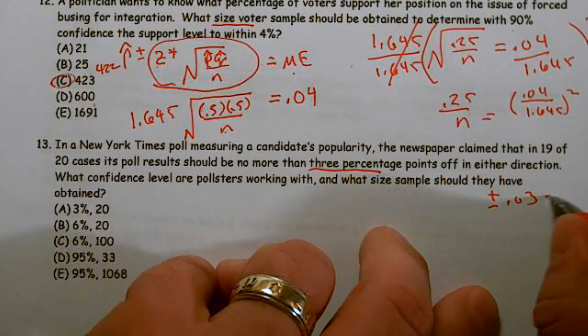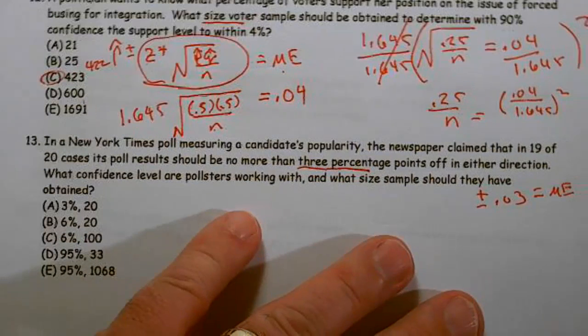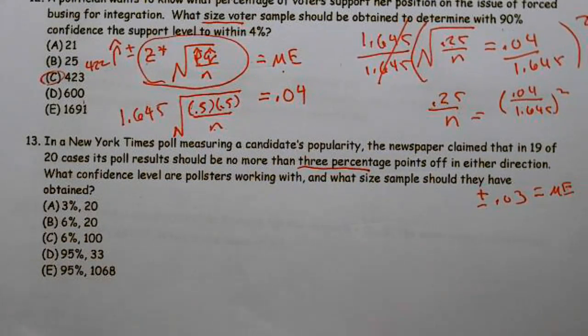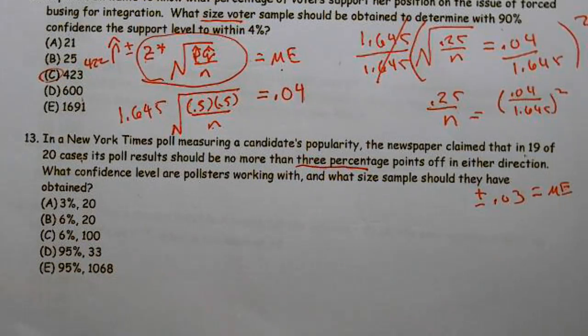So this is my margin of error value, because it's no more than plus or minus 0.03 in 19 of 20 cases. So if I did this in repeated sampling, say 20 times, I want 19 out of 20 to work.